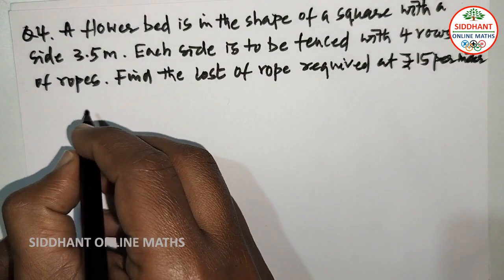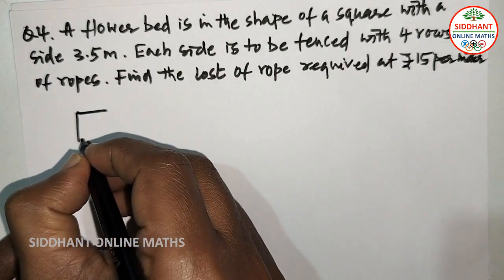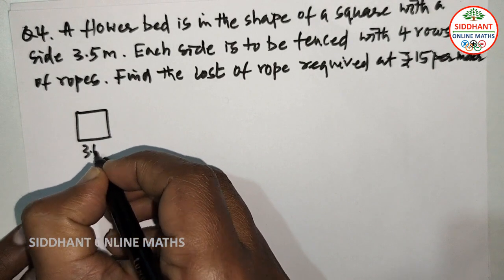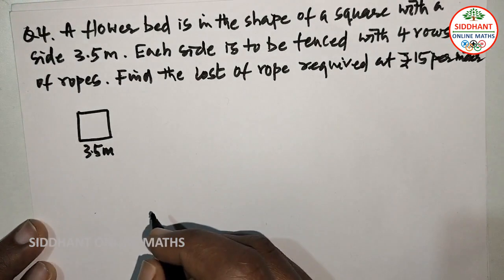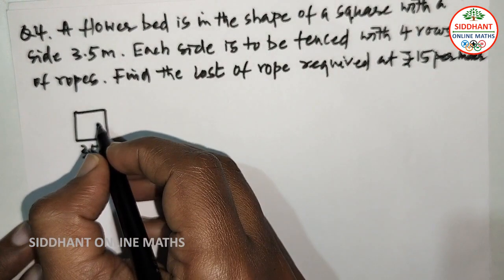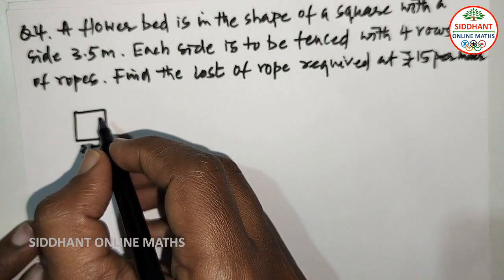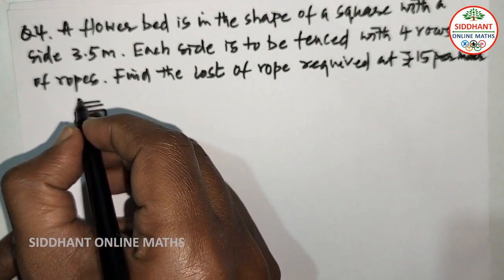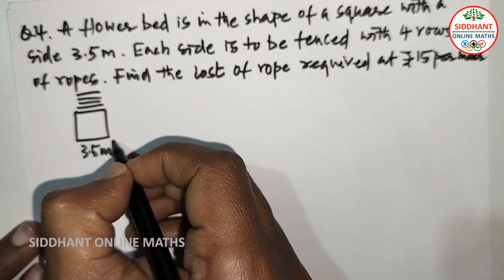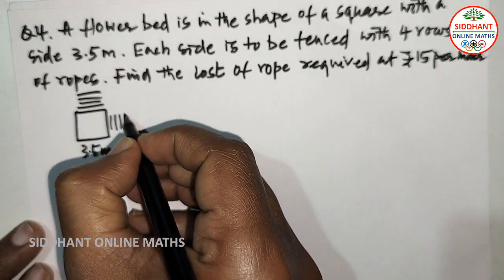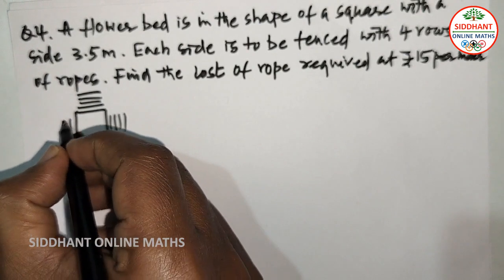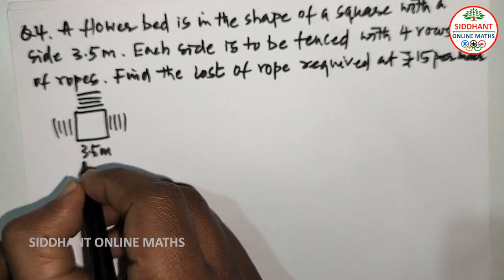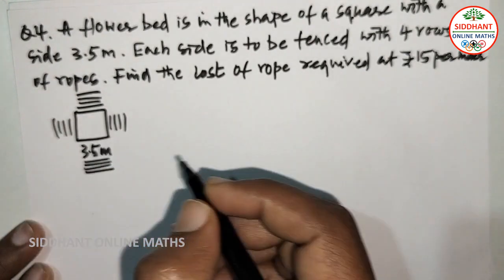So here the data given is a square with dimension 3.5 meters, and it is fenced with 4 rows of rope. That means we have 1, 2, 3, 4 ropes. In the same way, on all 4 sides we have 4 ropes.